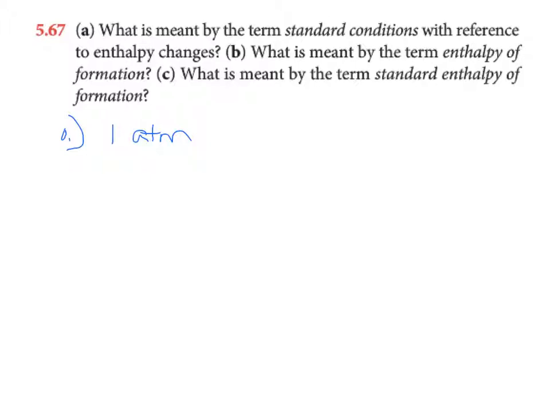Probably Kelvin, okay? So I'll give you a hint that standard temperature in Celsius is about 25 degrees C. That's about room temperature. So if it's 25 degrees C, what would that be in Kelvin? 298 K, yep. Okay, so those are typically what we're talking about when we talk about standard conditions, because that's like normal conditions you'd be under: 1 atmospheric pressure and roughly room temperature, which is 298 K.